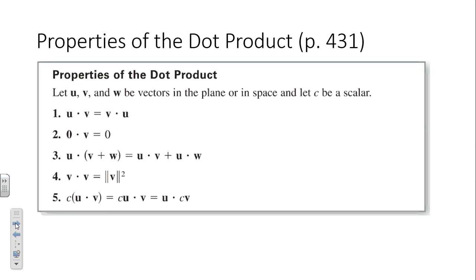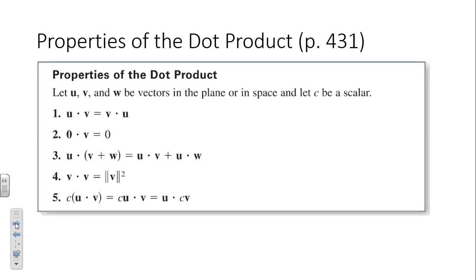Okay? Number 4 is kind of surprising, because what does this symbol mean? Magnitude. Okay? So why would a vector dotted with itself give us the magnitude of the vector squared? Let's think about that.